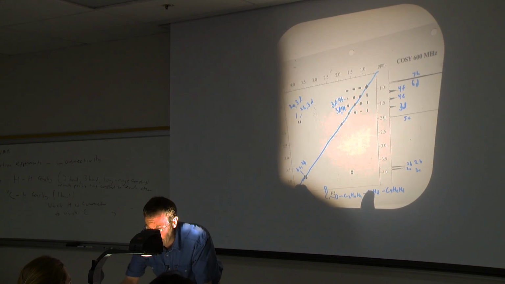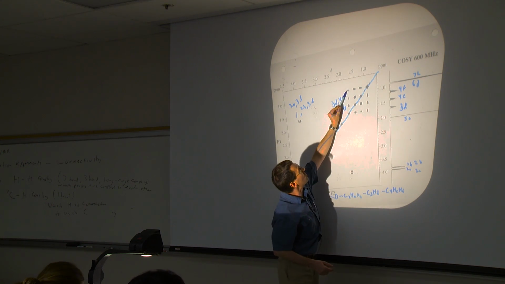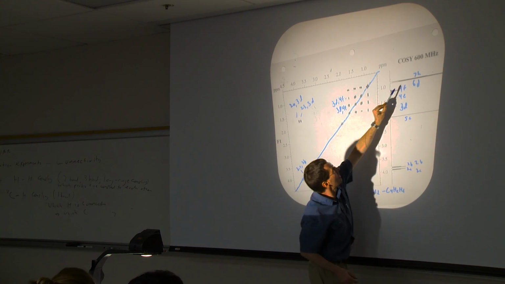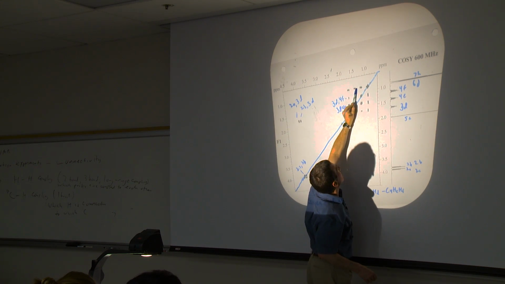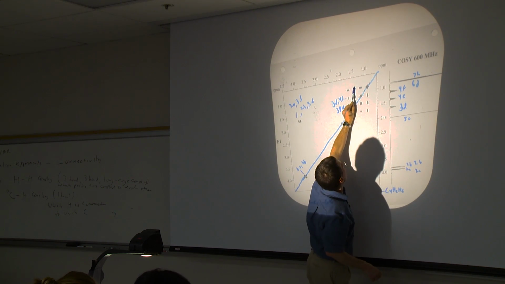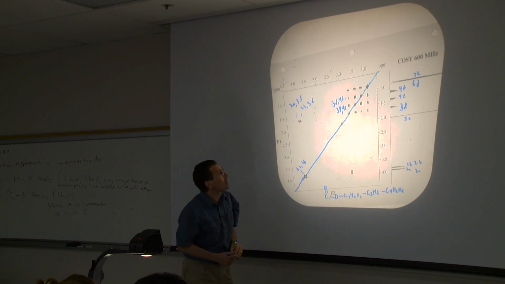It's a little hard to see on the expansion, but if you look, you kind of see that this cross peak here is lining up with the 6G. Not all the way. These two are lining up with the 7H. This one's a little narrower, a little bit higher in number.